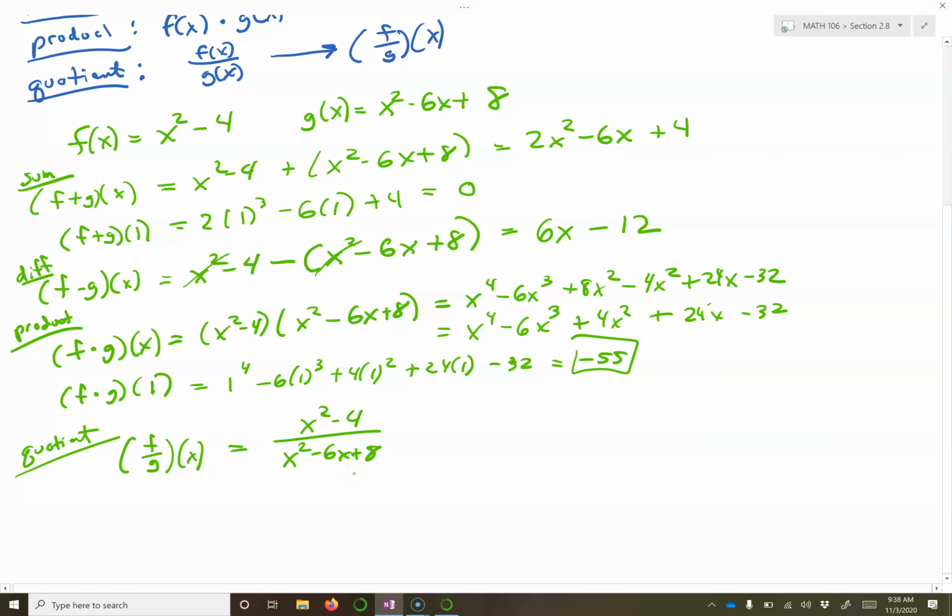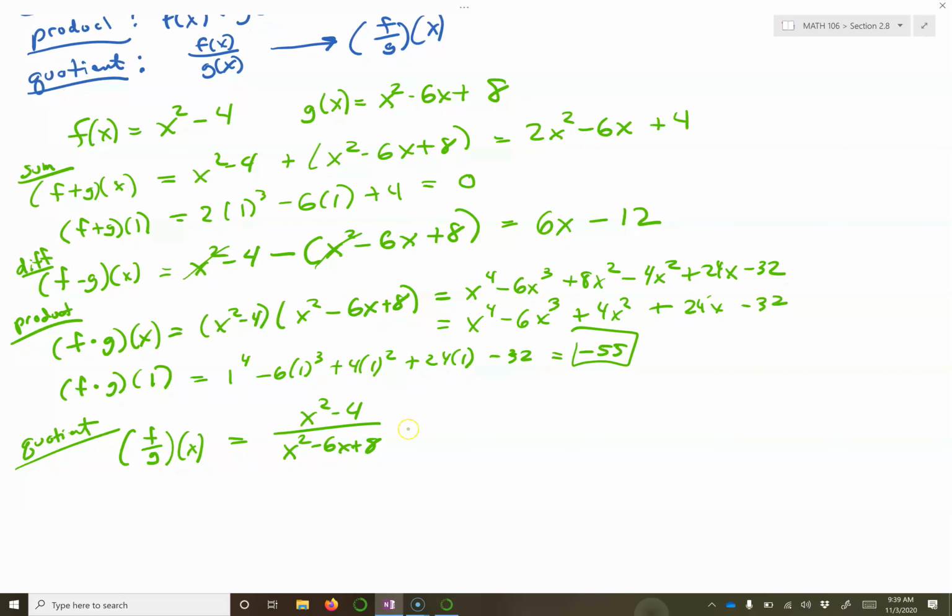What you don't want to do is just say, oh, we're done. You want to try to simplify. This is like back in section P4, I think, or P5. You have to factor the numerator and the denominator. The numerator is easy: x minus 2 times x plus 2.